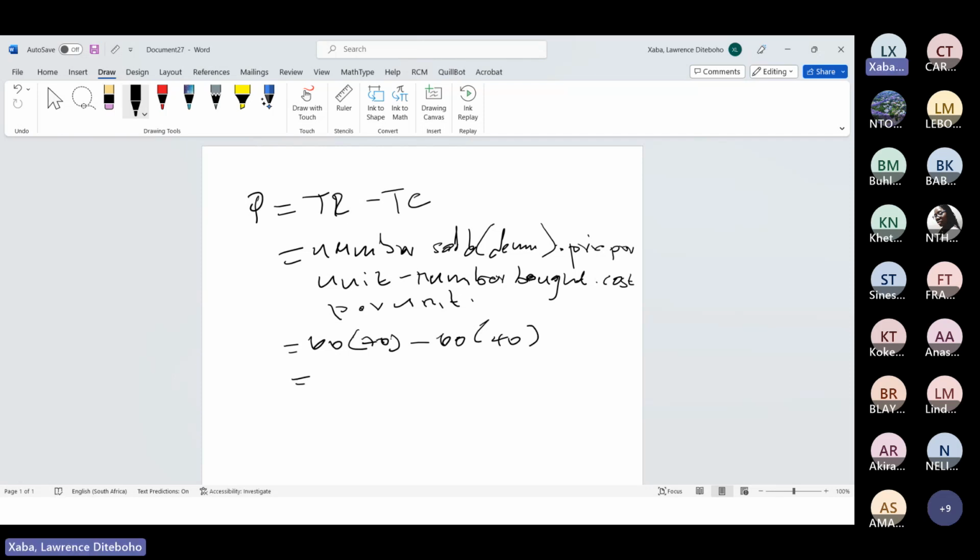Then we simplify it. We say 60 times 70 minus 60 times 40.